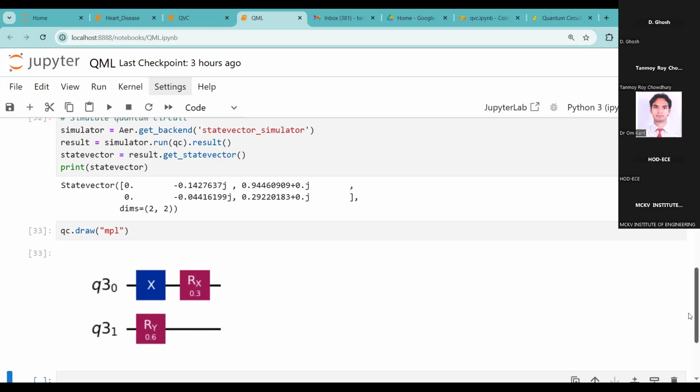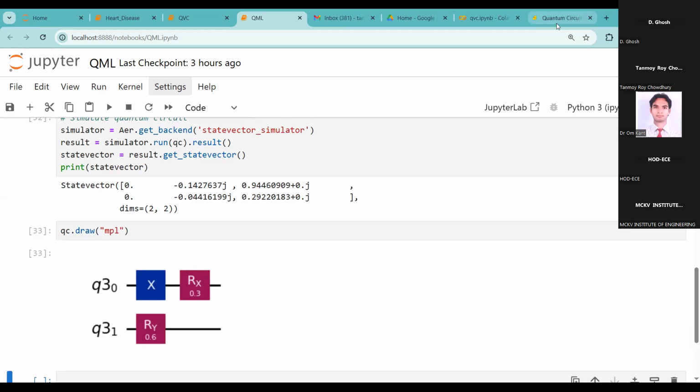Now I want to show you something. Just a second. So what have I done? Please look at this. I have applied a NOT gate to the first qubit, and then an Rx of 0.3. And to the second qubit, I have applied an Rx of 0.6.